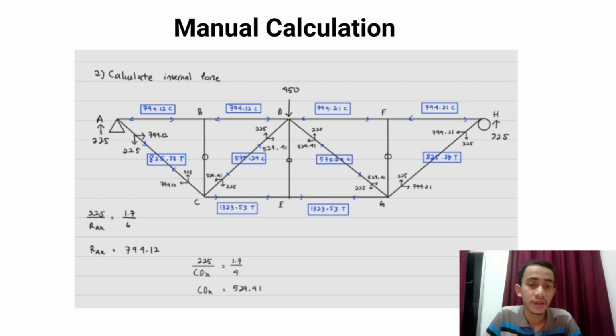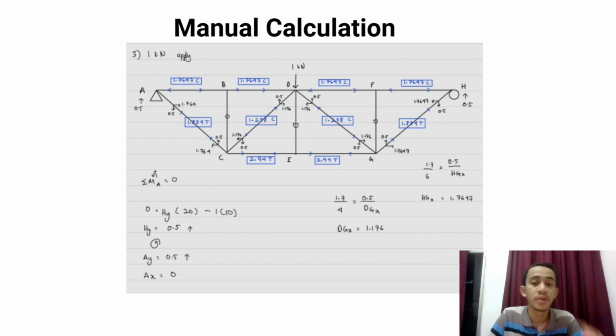And for the internal member for CD and GE is 505.24 compression, and the internal force for members CE and EG is 1323.53 tension. So after we find this internal force in each member, we need to calculate mu for each member.